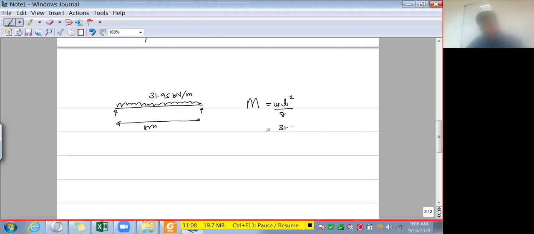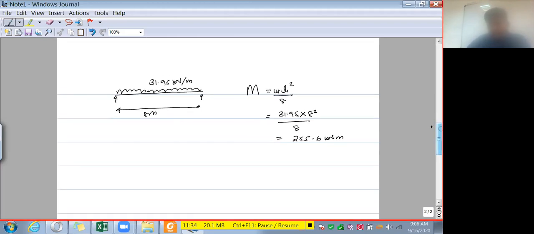W is 31.95, L squared is 8 squared over 8. So that is 31.95 into 8, 255.6. So 255.6 kilonewton meter is the maximum moment.